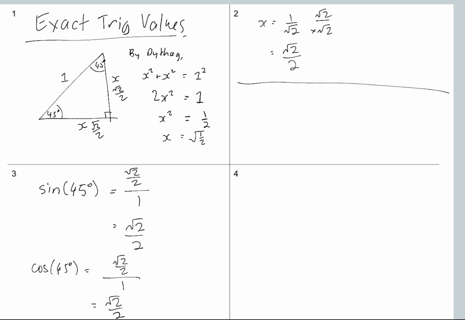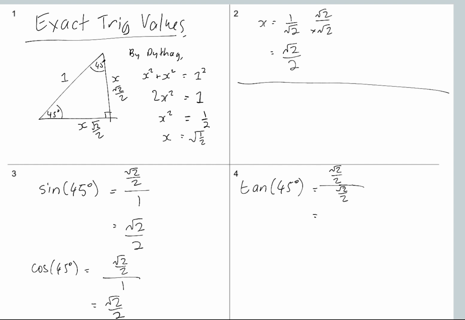Thirdly, the tangent of 45 degrees is equal to opposite over adjacent. Therefore, the tan of 45 degrees is root 2 on 2 all over root 2 on 2.